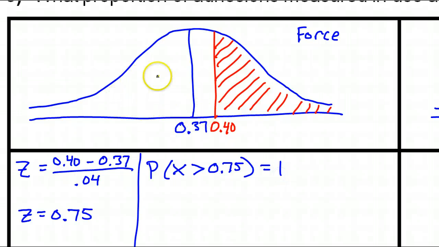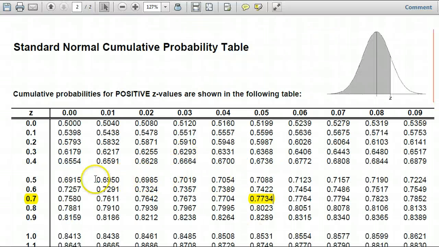Because the table is going to really give us this white area. Alright, the red area is going to be 1 minus this stuff. So it's going to be 1 minus whatever I get off the table. So, to the table, 0.75 z-score. Well, it's already highlighted, I guess, because we did the same value before. So 0.75, okay, I'm getting 0.7734.